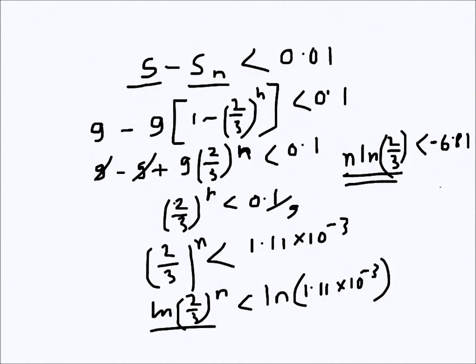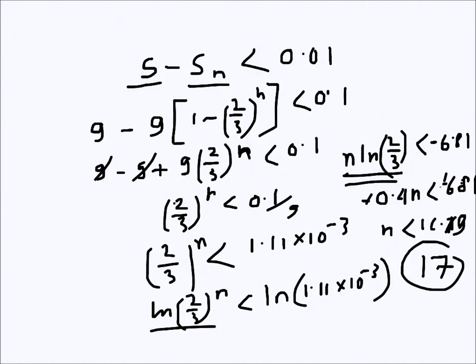This side is about minus 6.81, and ln 2 over 3 is about minus 0.41, so minus 0.41 n is less than minus 6.81. Both sides are negative, so the negative goes away, and n becomes greater than about 16.6. So the minimum value of n will be the first whole number after this, which is 17. So n has to be 17 for this to be valid.